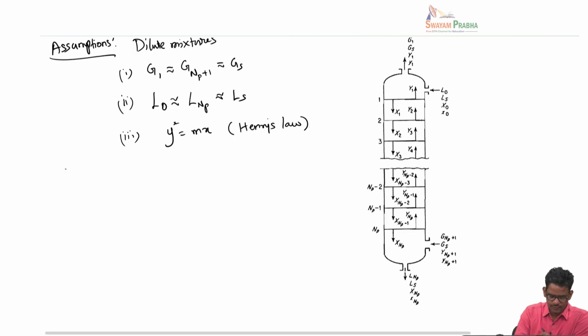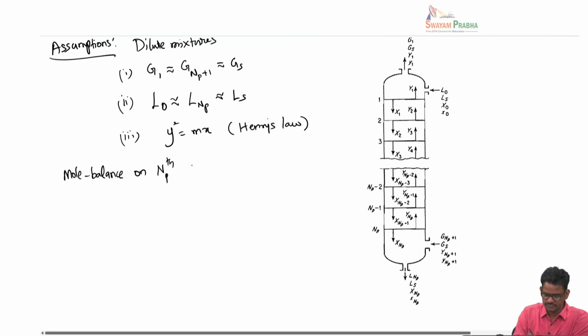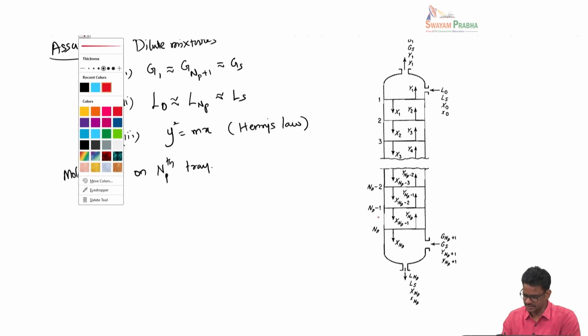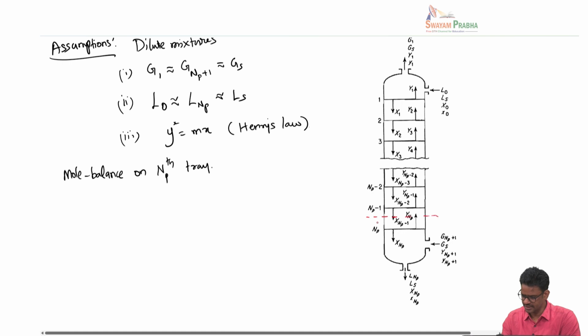First we will do a mole balance on the last tray, which is the NPth tray. The NPth tray is the last tray here.